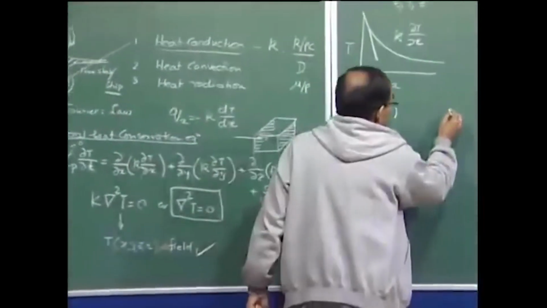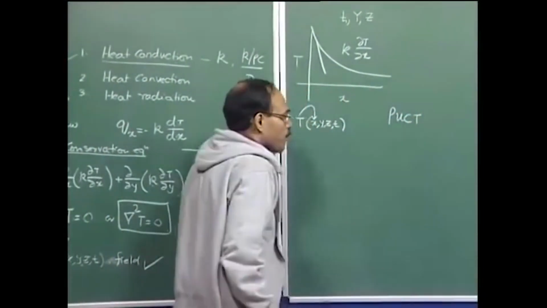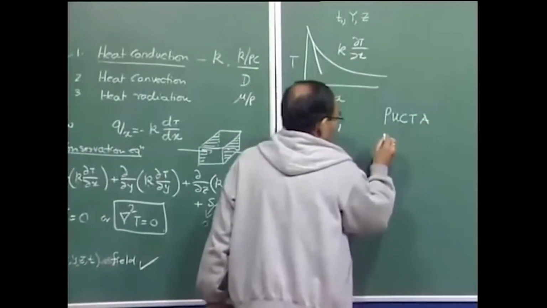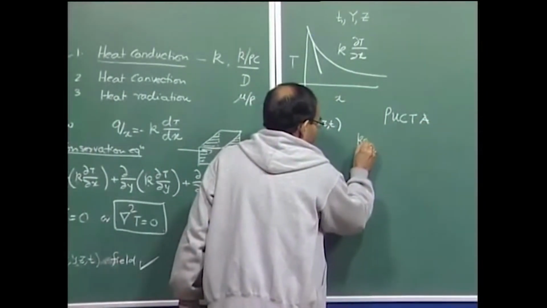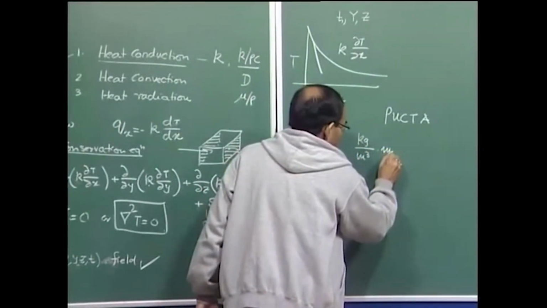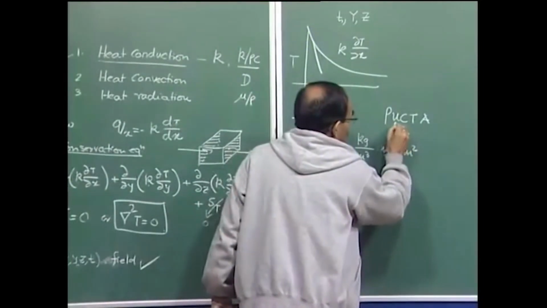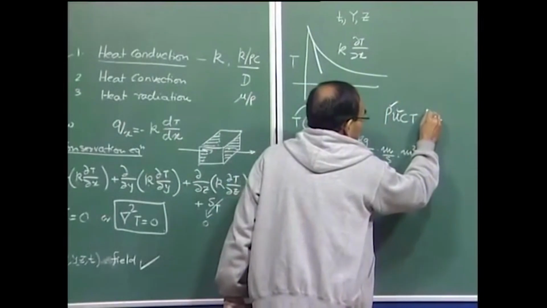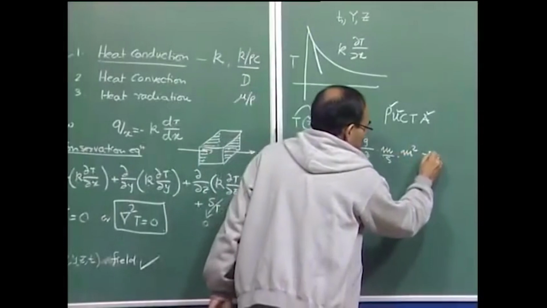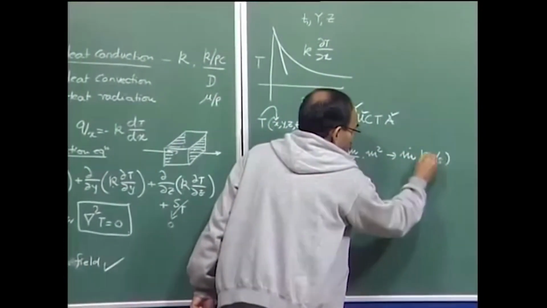So, if we look at this particular term, rho multiplied by u multiplied by area: rho is kg per meter cube, u is meter per second, area is meter square. So, this term rho u A, the meter cube cancels, and this is actually the mass flow rate, which is kg per second.